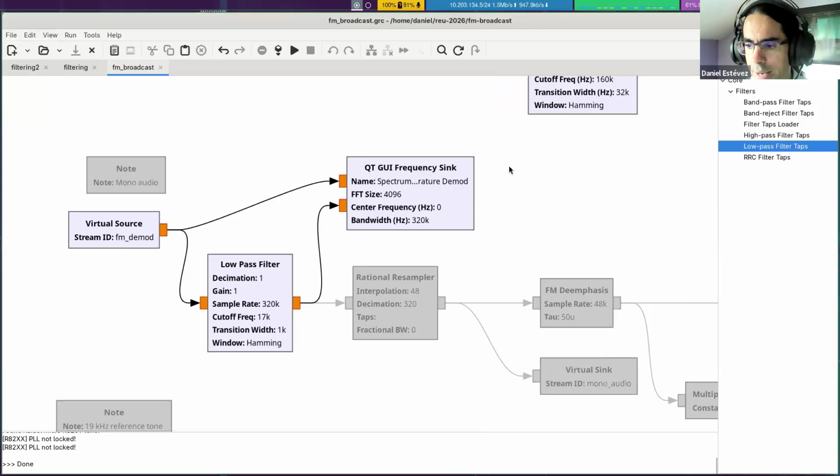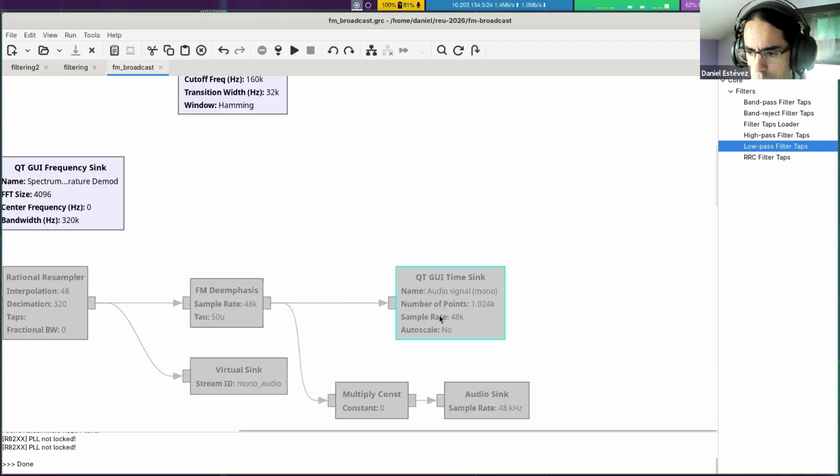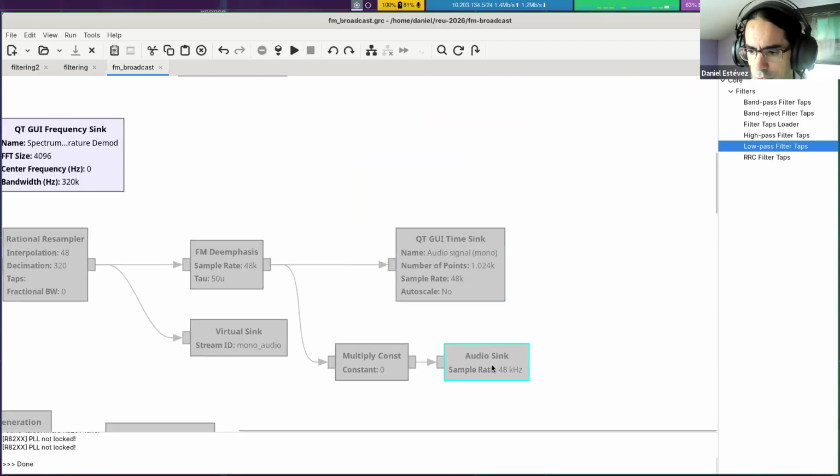So now we need to do basically a single thing to send this to the speakers. We have a sample rate of 320 kilohertz. Sound cards usually do not work at that sample rate. They support a few different sample rates. One of them, probably the most popular, is 48 kilohertz.